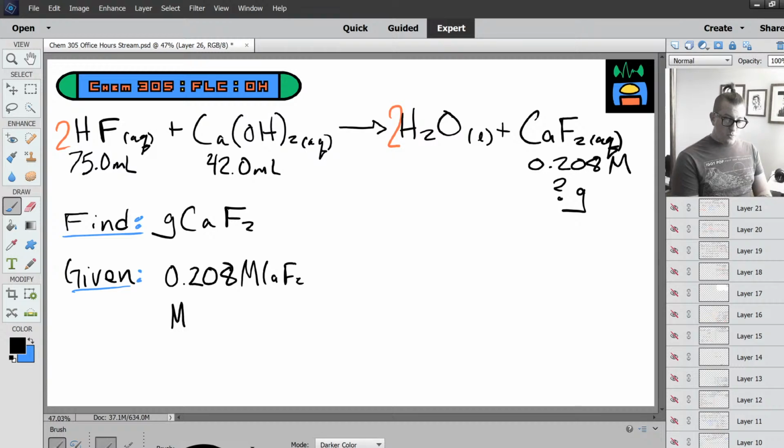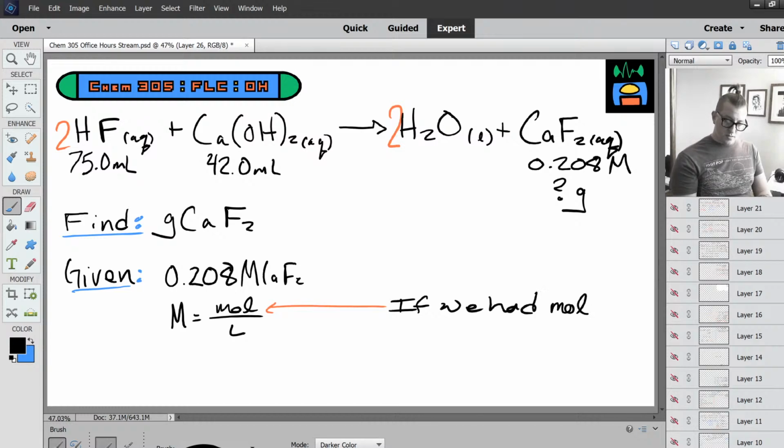We know that molarity is equal to moles over liters. Now here's the thing. If we had moles of calcium fluoride, we could find grams, right?